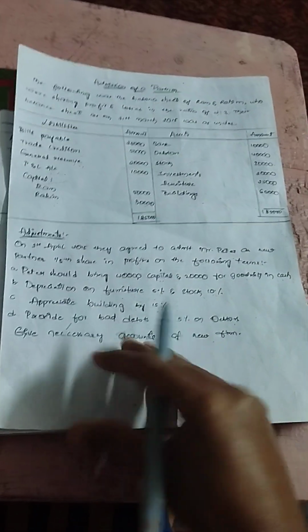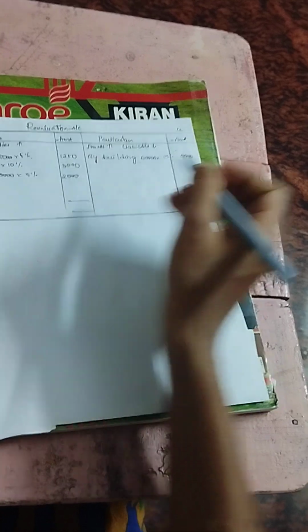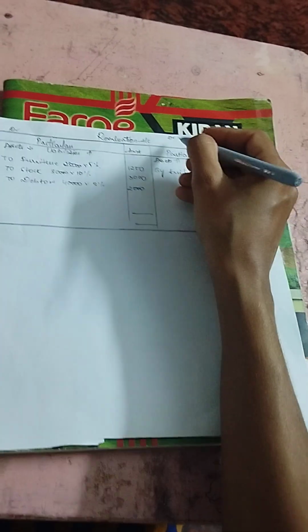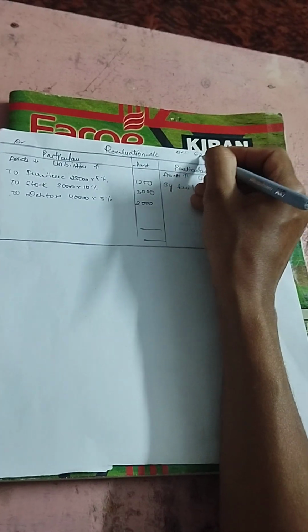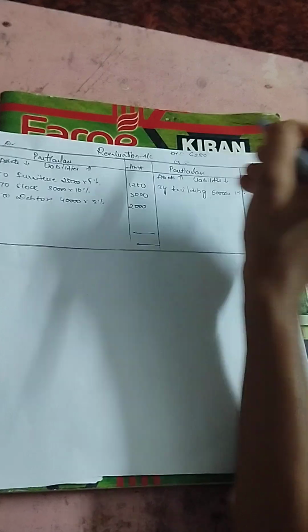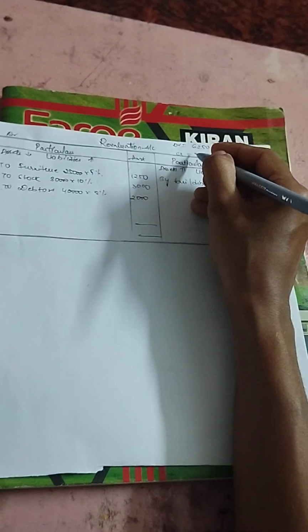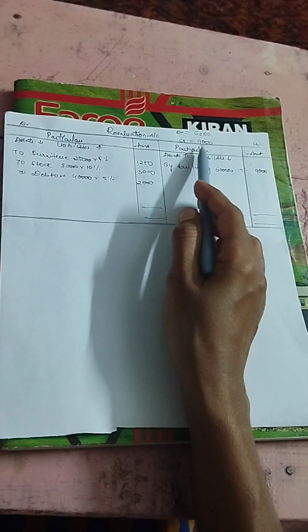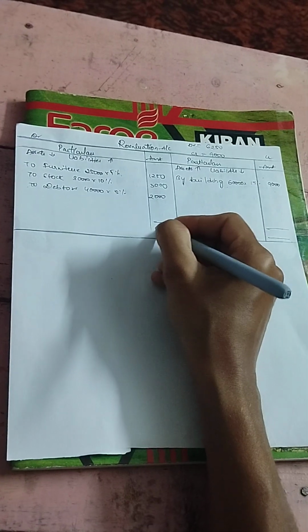Now let's do the total. On the debit side 1,250, 3,000, 2,000. If we calculate, we'll get 6,250, and on the credit side we have only one amount, 9,000. We need to write the higher amount in the total column. So here the higher amount is 9,000.